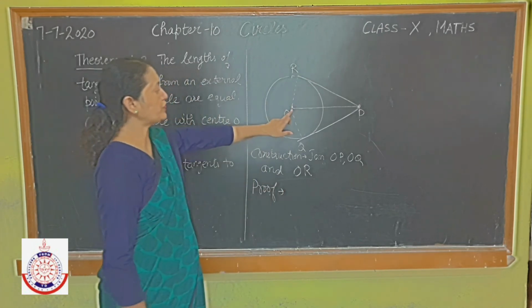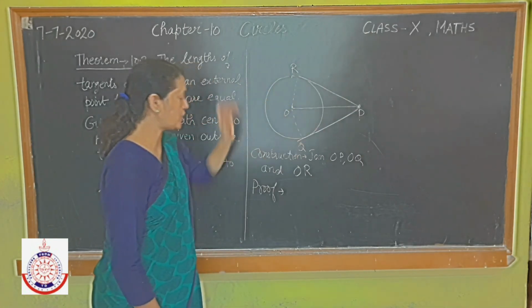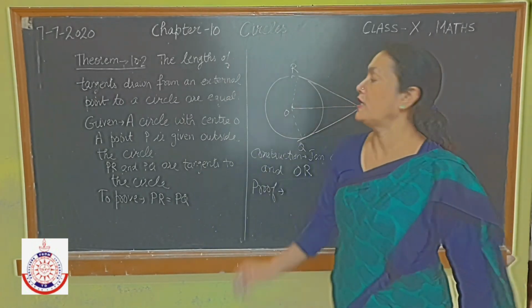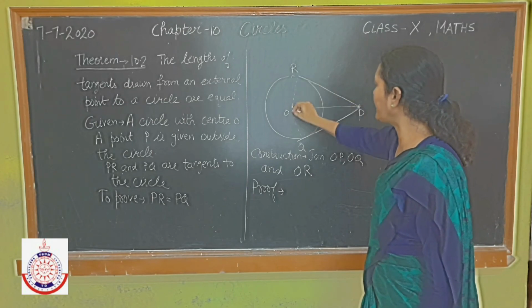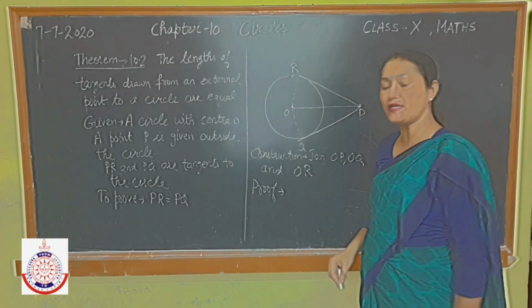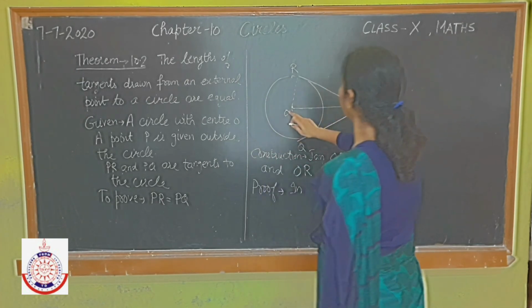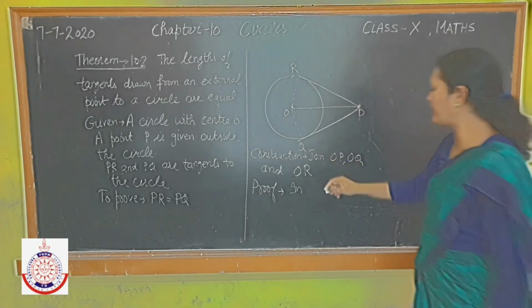Now here we have to prove that PR and PQ are equal. So this we will be doing with the help of congruency. How? First of all, OR and OQ are the radii. So which triangles will we be taking? We will be taking triangle OPR and triangle OPQ.